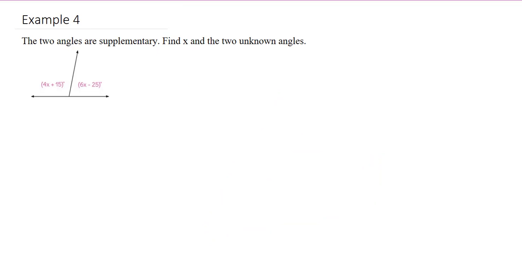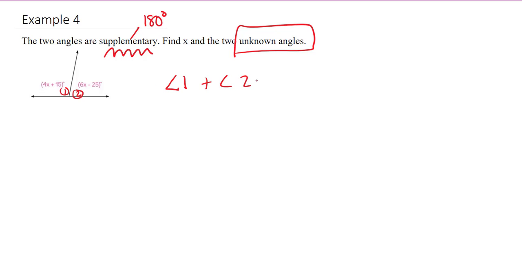Example 4. The two angles are supplementary. Find x and the two unknown angles. So we have multiple steps in this problem. The first thing we know is angle 1 plus angle 2 is equal to 180 degrees.